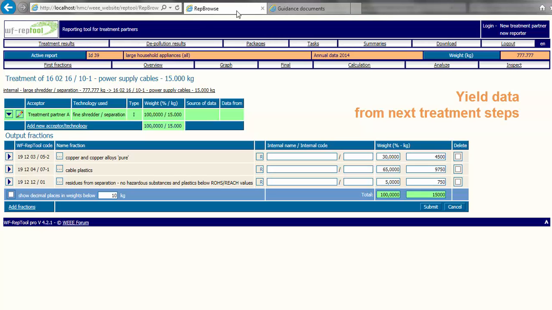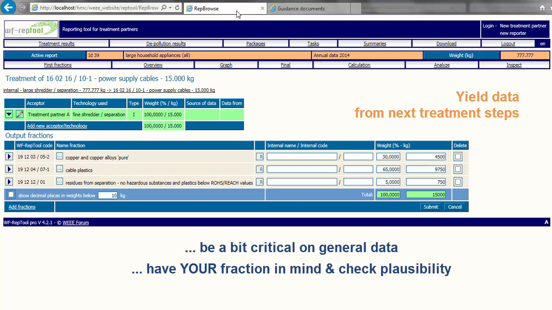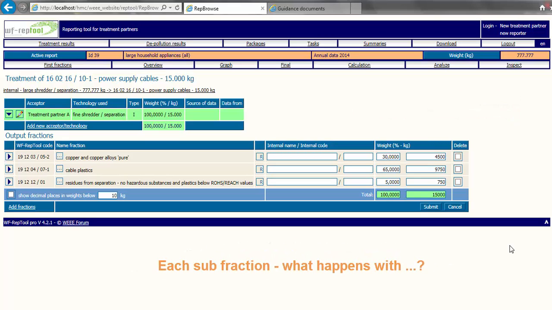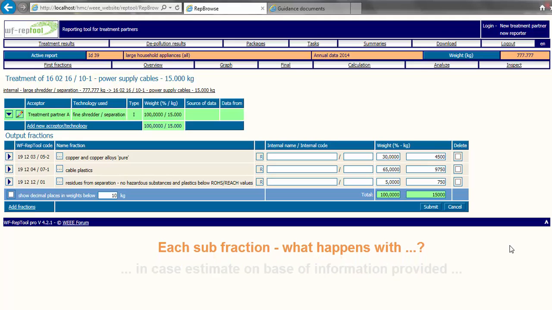In general, you should be a little bit critical on very general data given by acceptors. You should all the time have your fraction in mind and check the plausibility of data provided. In case, you should ask your acceptor if data are really given for your fraction forwarded to him. For each of the subfractions achieved or estimated, you have to give information on what happens with them, in case you have to estimate on the basis of information gathered from the acceptor.